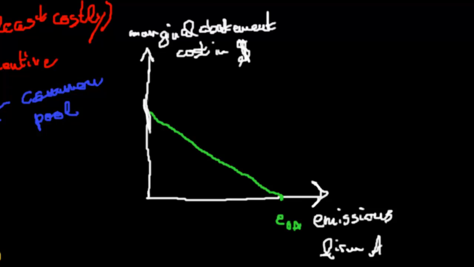So the green line are the marginal abatement costs of firm A to reduce its emissions, MAC A. And as we move along this graph and reduce the emissions further and further, we have increasingly higher marginal costs.